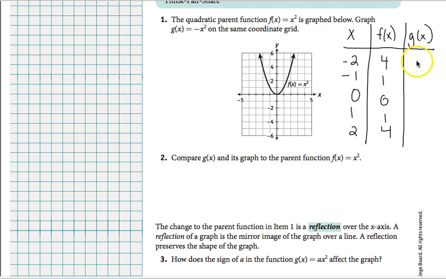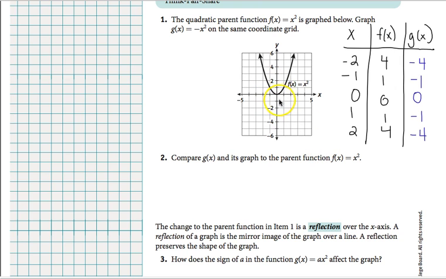For g of x, the function is -1 times x squared. When there's a negative in front, that just means to multiply it by -1. So we take the f of x value and multiply it by -1, which means we're just going to change the sign. Of course, the opposite of 0 is still 0, so that one doesn't change. Now we have our t-chart for g of x.